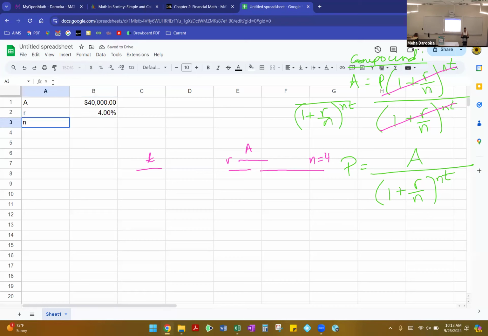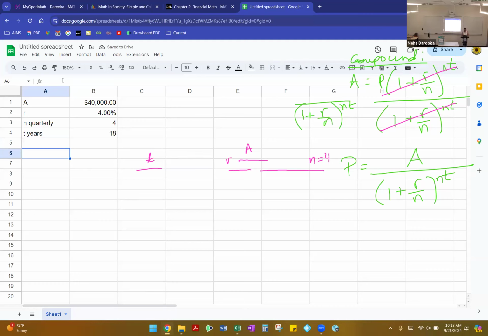Our compounding was quarterly, so we know that's 4, and then our time, they told us, was 18 years. T usually, as I mentioned previously, is supposed to be in here as well. I think we have everything in there.